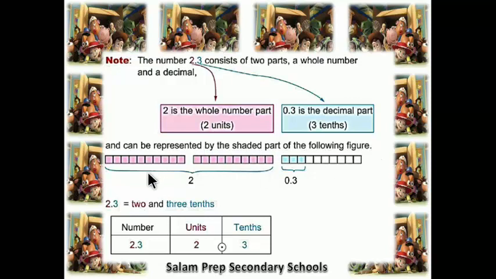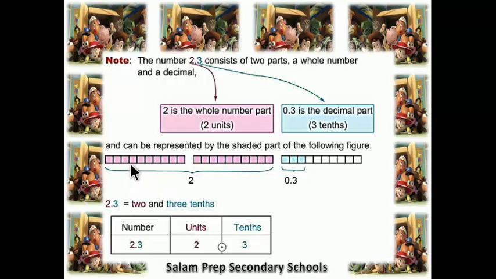This figure has 3 lines. 1, 2, 3. 3 lines, okay? Each line is divided into 10 parts. Look, this line has 10 parts. 1, 2, 3, 4, 5, 6, 7, 8, 9, 10. Each line is divided into 10 parts.